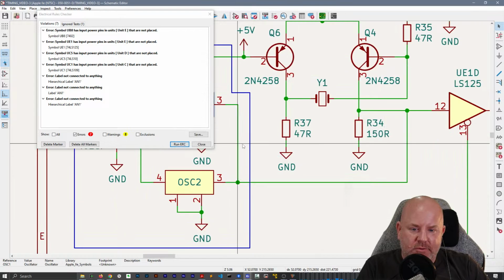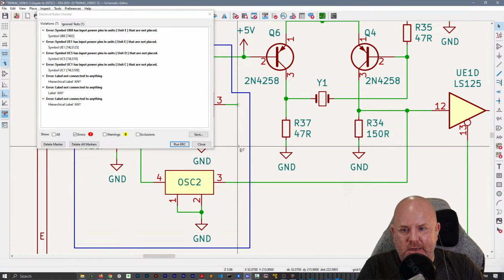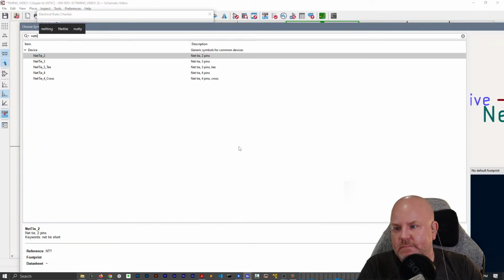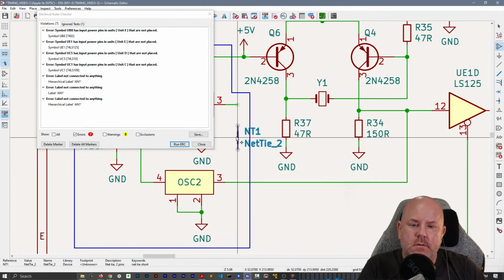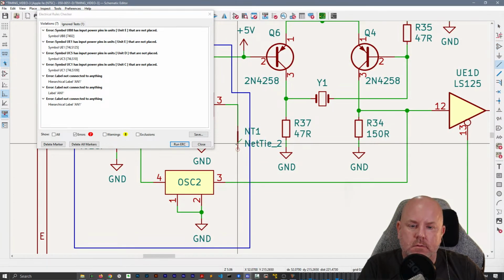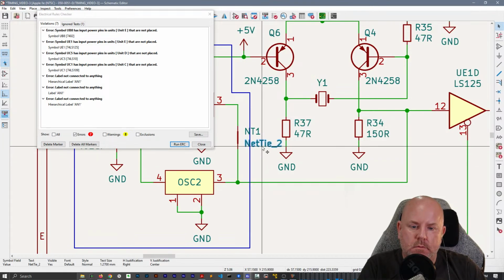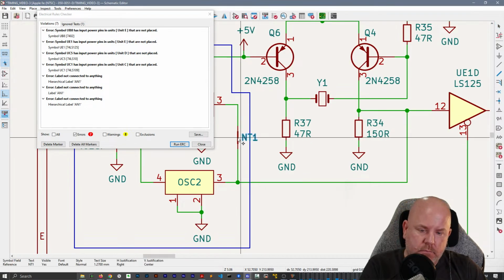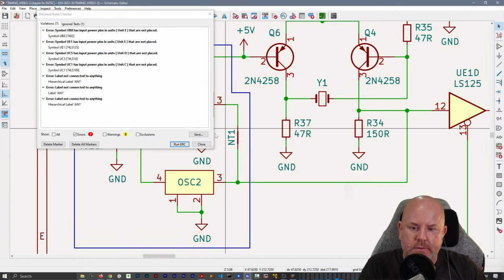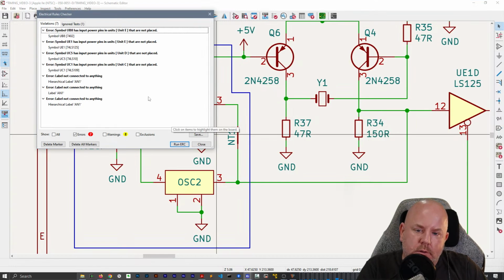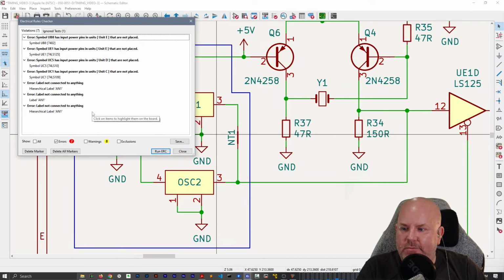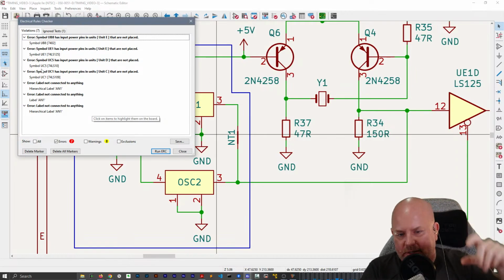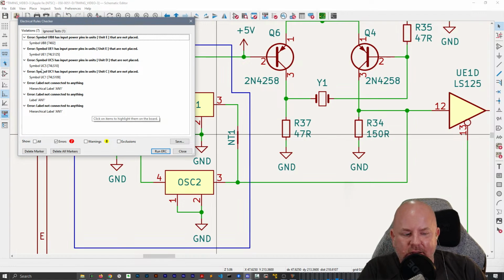Update that, and then what we should do here is do a net tie. There. Because that's basically what that's meant for. Net tie just lets you connect two nets together. They never actually do what you think they do.